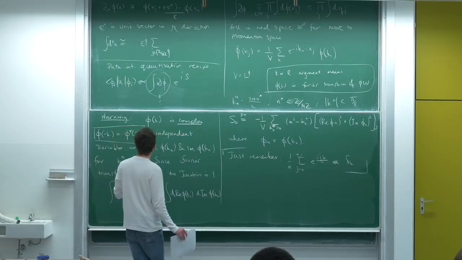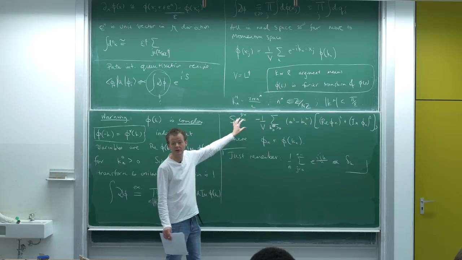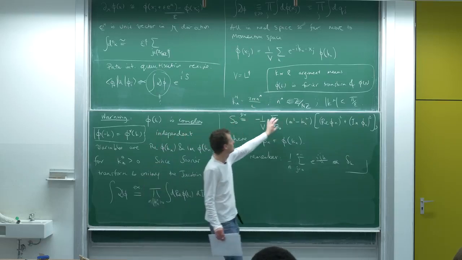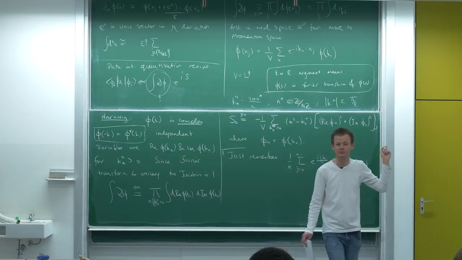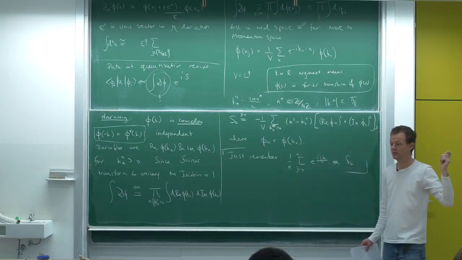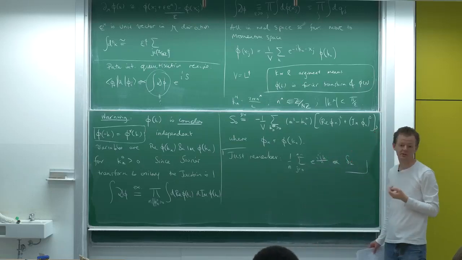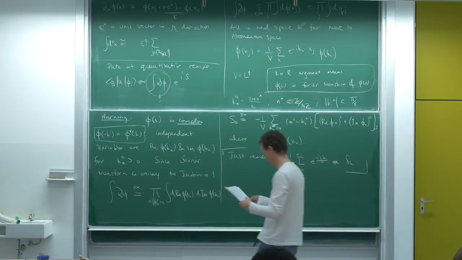But now we are in business, right? Because we've got an action that's now diagonal, or decoupled, in terms of the independent variables. We have a measure, and what we get at the end is going to be a Gaussian integral. So let's go for it.